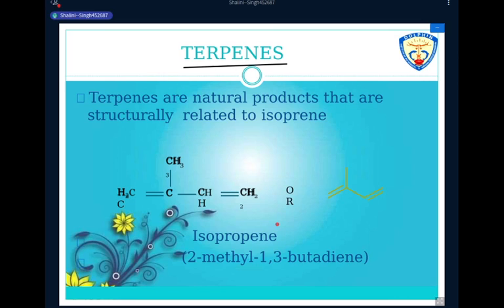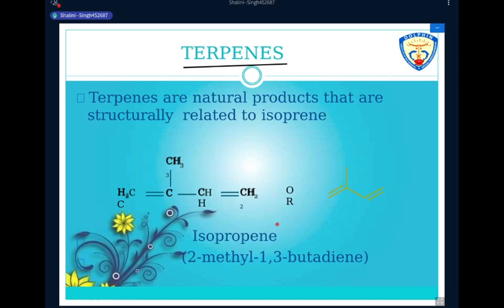If one isoprene is there in a terpene, that is monoterpene, it will have 5 carbons. If I say diterpene, then there will be 2 isoprene units and there will be 10 carbons. Likewise, triterpene, there will be 3 isoprene units and there will be 15 carbons, so on.